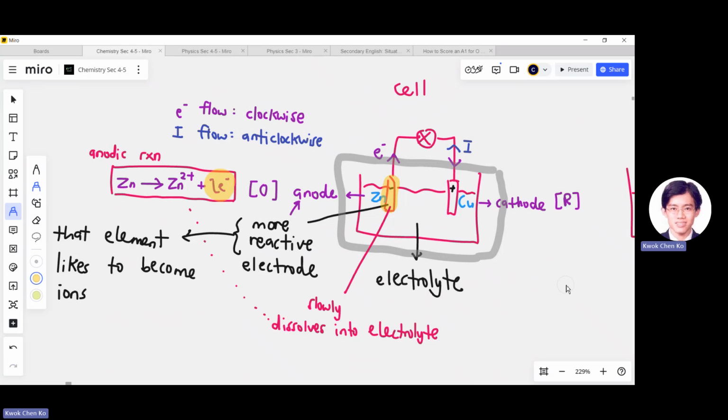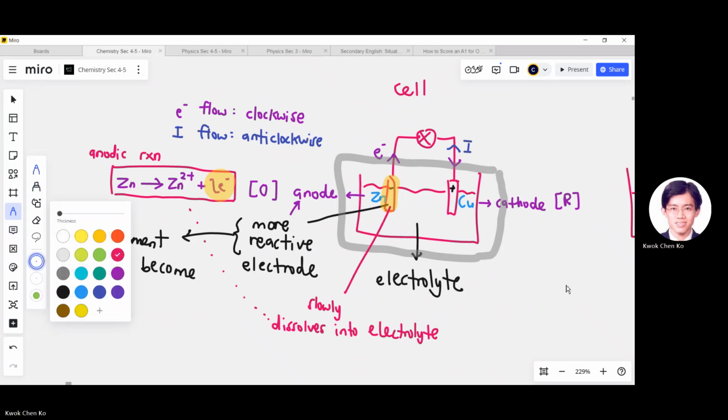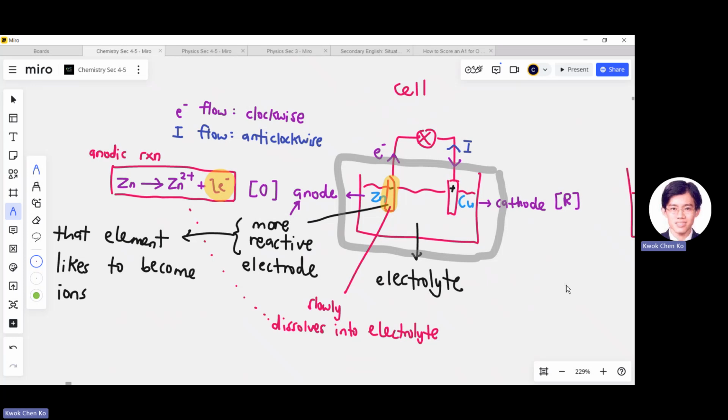Any anodic or cathodic reaction will involve electrons. And just to help you, whenever you see oxidation, electrons will be on the right-hand side of the equation, always. In case they throw you an equation like this, you see electrons on the right, that is an oxidation.